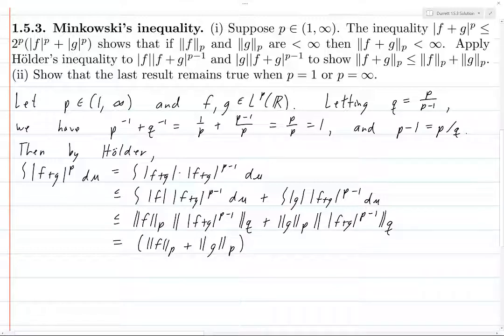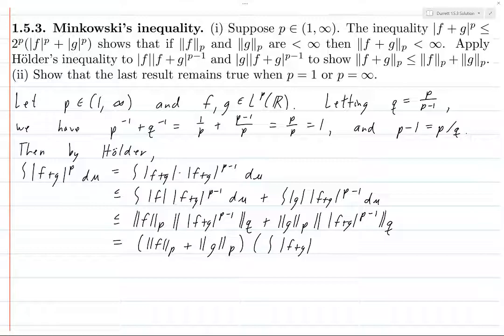We can write this as the integral of |f plus g| to the power of (p minus 1) times q, and that whole integral to the power of 1 over q.